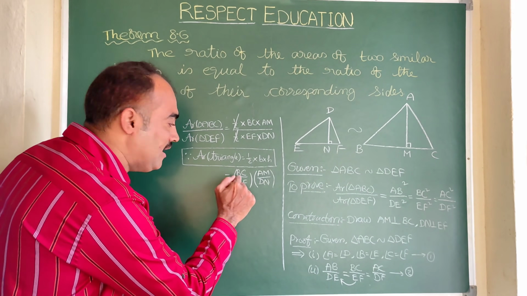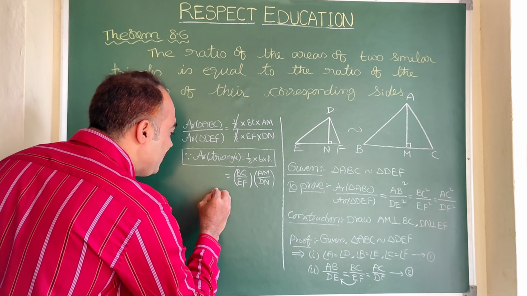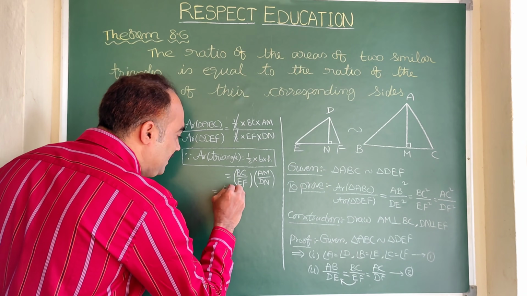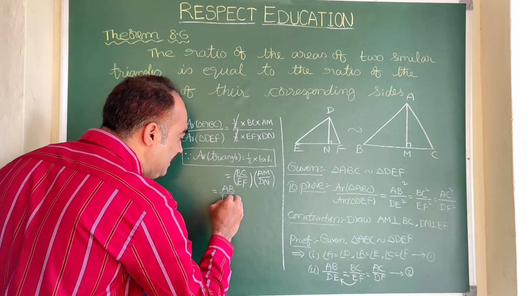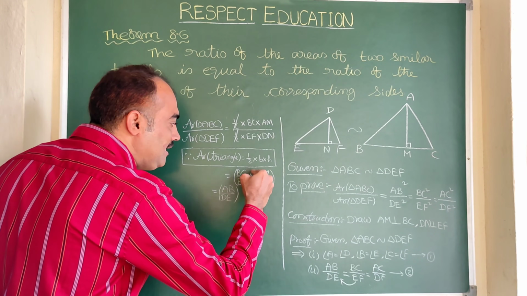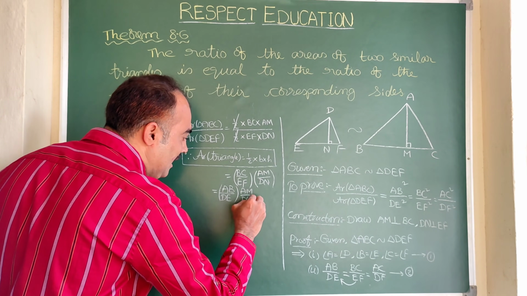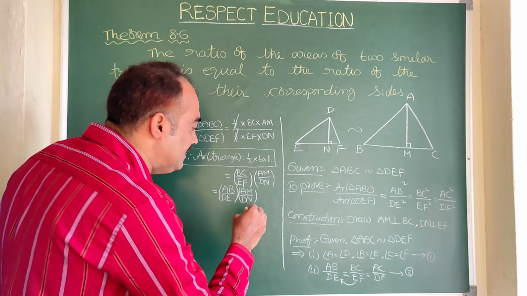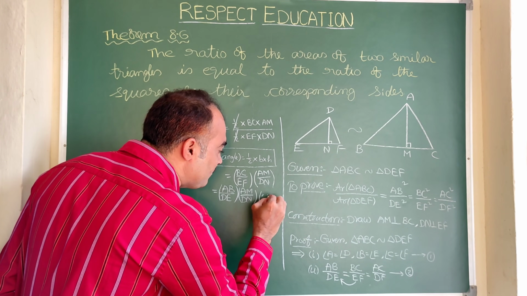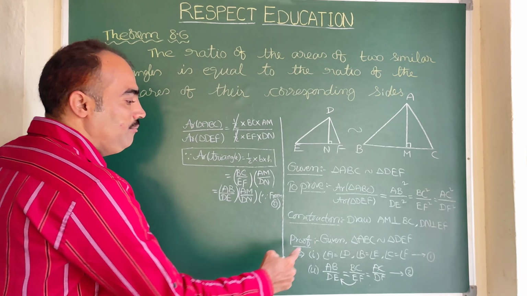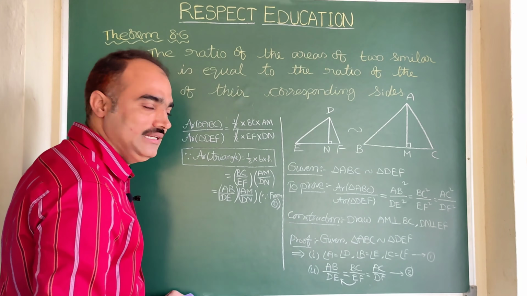In this step, in place of BC by EF, I am writing AB by DE, into AM by DN as it is. Since from equation 2, I have changed BC by EF as AB by DE.